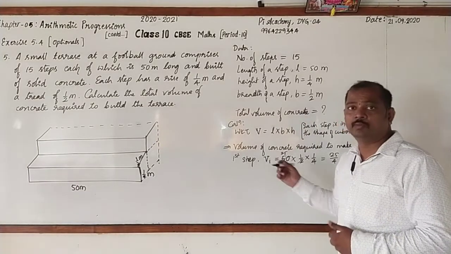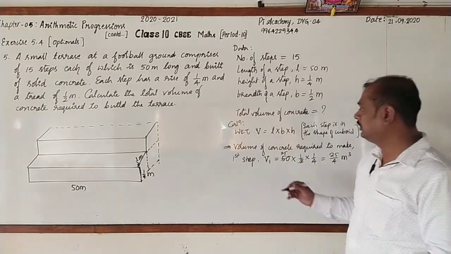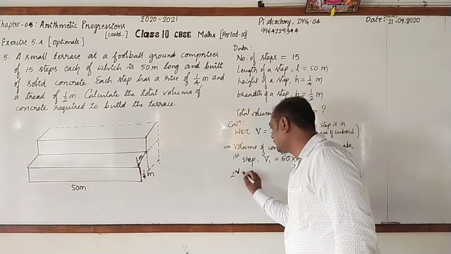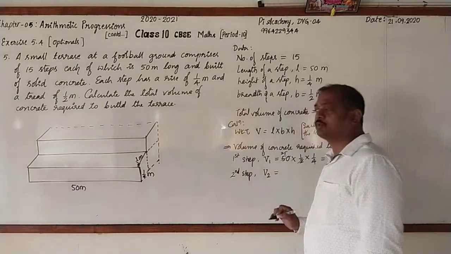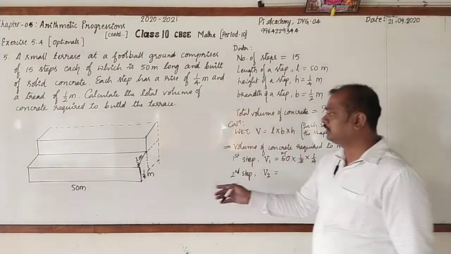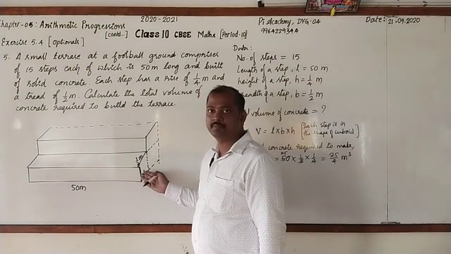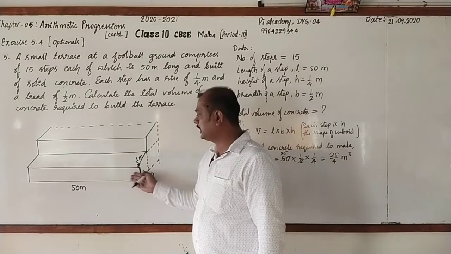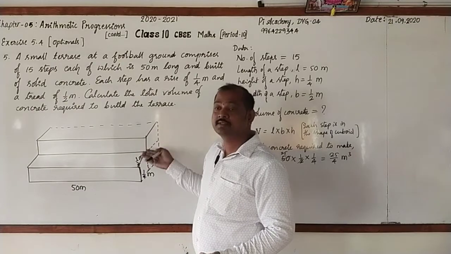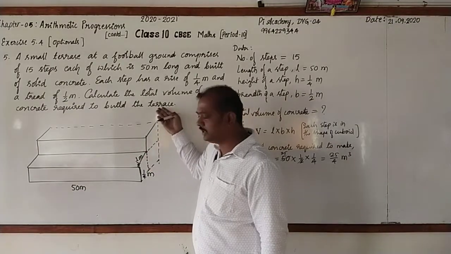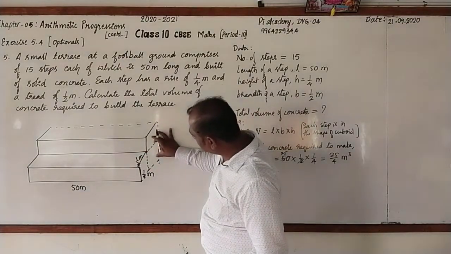Next, volume of the concrete required to make second step. It is V2 is equal to, look here, length will be same. There will be no difference in the length. Then what about breadth? Breadth will also be same. That is half meter only. But height, look here, height changes.